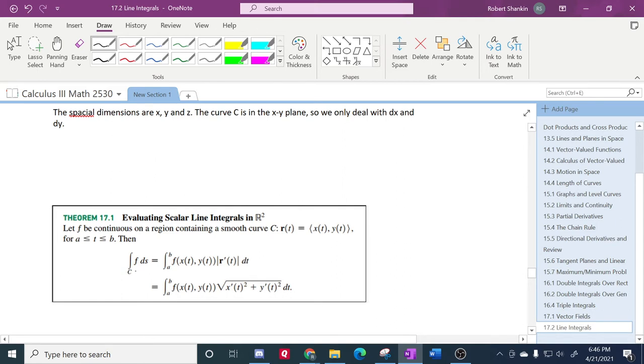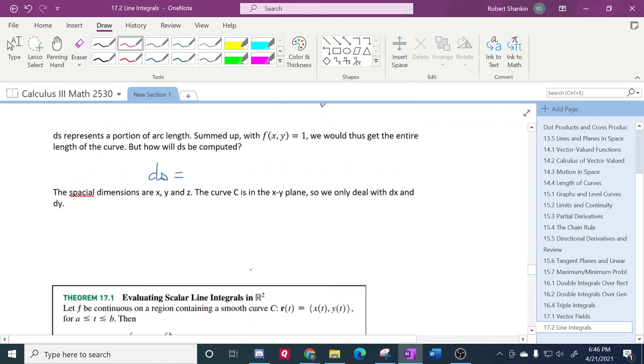So here is f, and here's f again. C is going to parameterize from t equals a to t equals b. So ds must be this stuff right here.